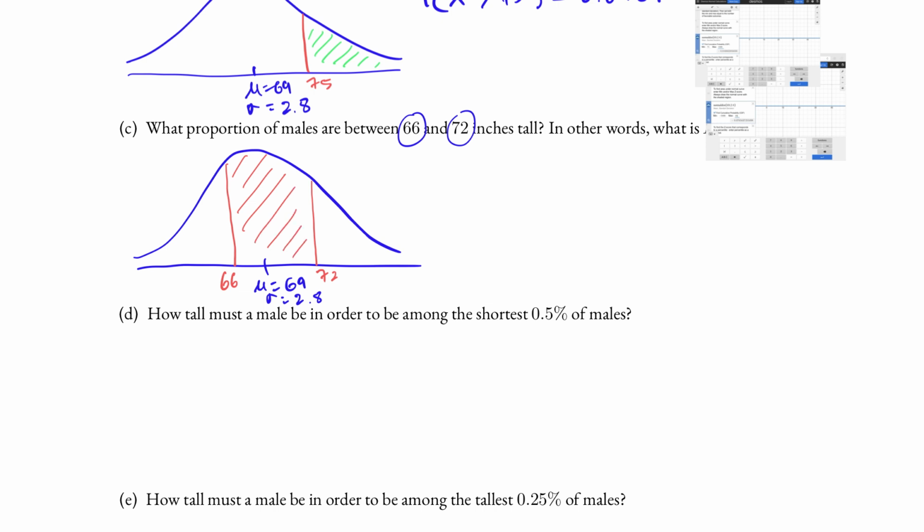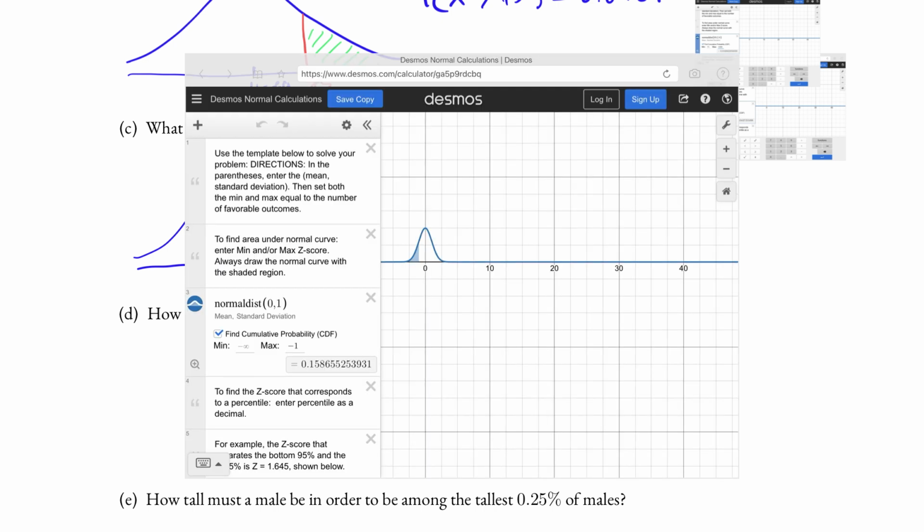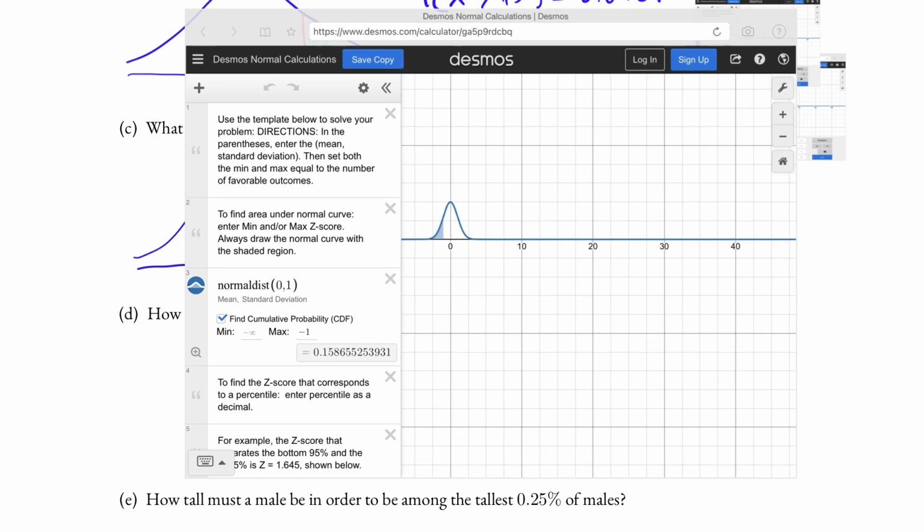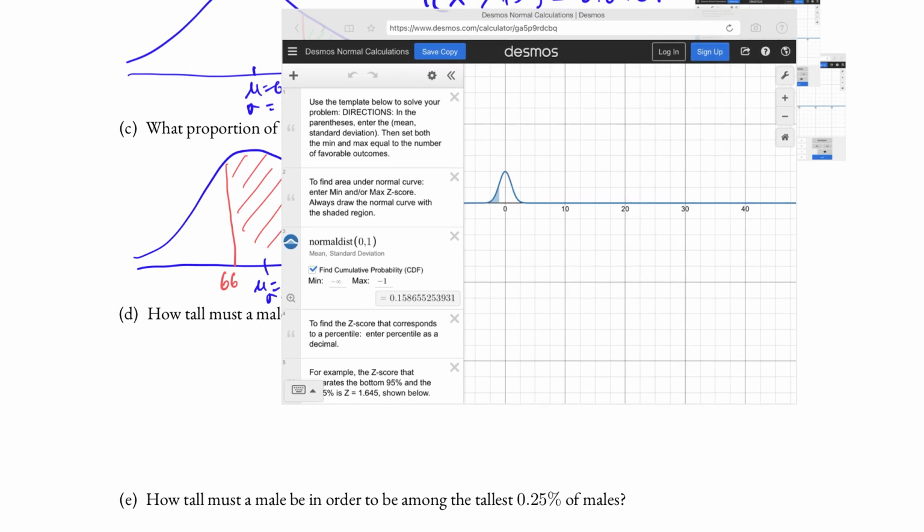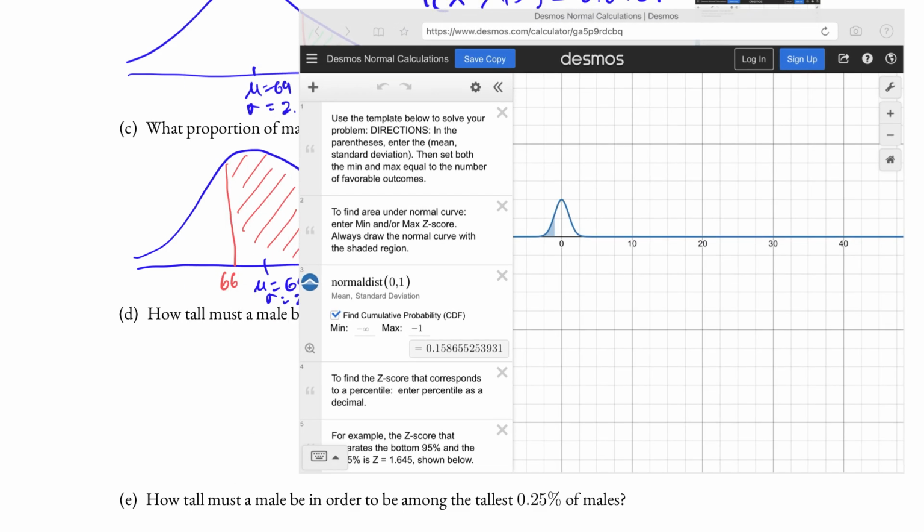We're looking for the area of this region, and so again, the probability of 66 less than x less than 72 can be computed using the calculator. Open Desmos normal calculator, specifically with normal distribution feature because we're looking for the probability.